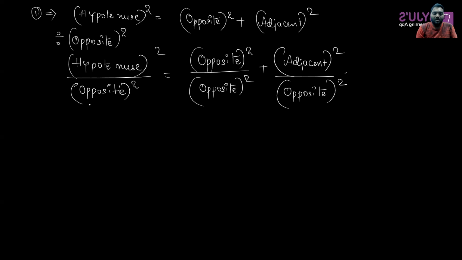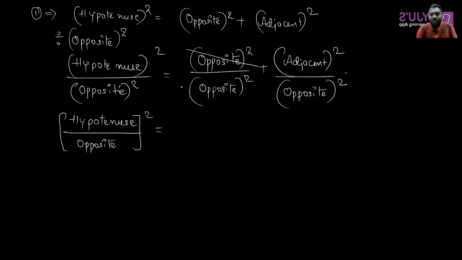Now just see hypotenuse whole square divided by opposite square. You can write this ratio as hypotenuse divided by opposite whole square, and this is equals to, again opposite square will get cancelled, 1 plus adjacent divided by opposite whole square.